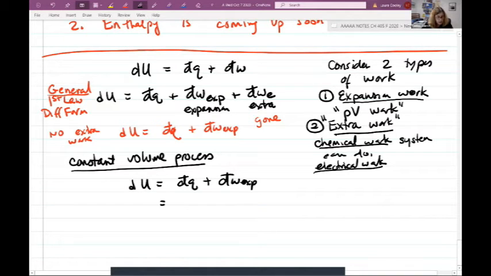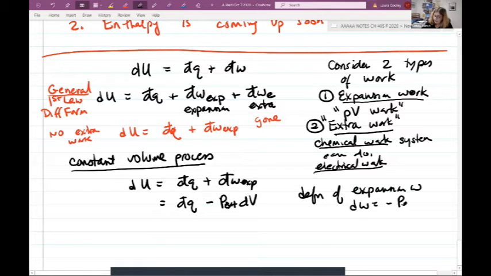And of course, dw expansion is minus p external dV, right? That's the definition of expansion work. dw is minus p external dV. See, already I forgot the slash.